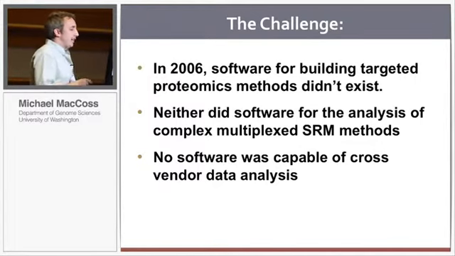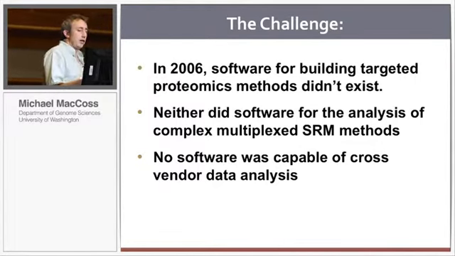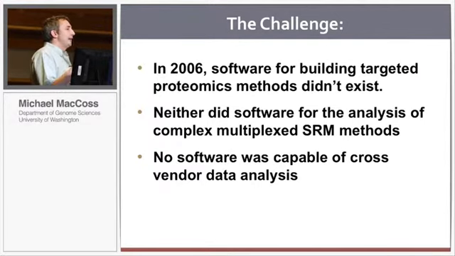The other important thing is that no software was capable of cross-vendor data analysis, and I felt this was important. We need to be able to take some of the analysis tools away from the vendors, no offense to the vendors, and demonstrate that we understood how the tools were processing the data, and put the hardware on an even playing ground to make comparisons between the instruments.